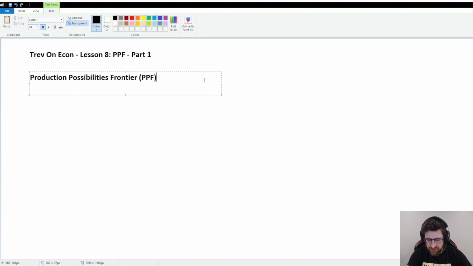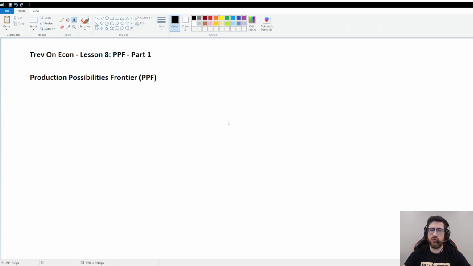And this PPF isn't really going to make sense if I just define it right now. So instead of defining it, we're going to actually work our way up to what it's supposed to look like, and that will give us a much better sense of what it is we're trying to do with it.